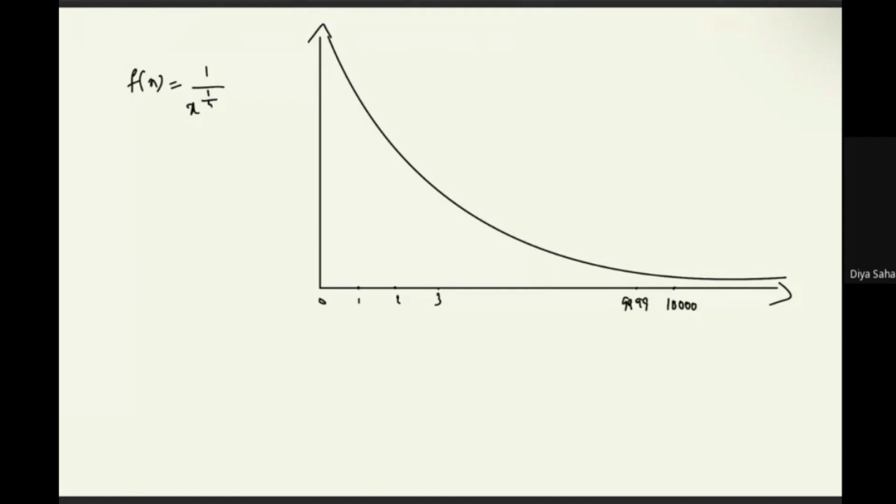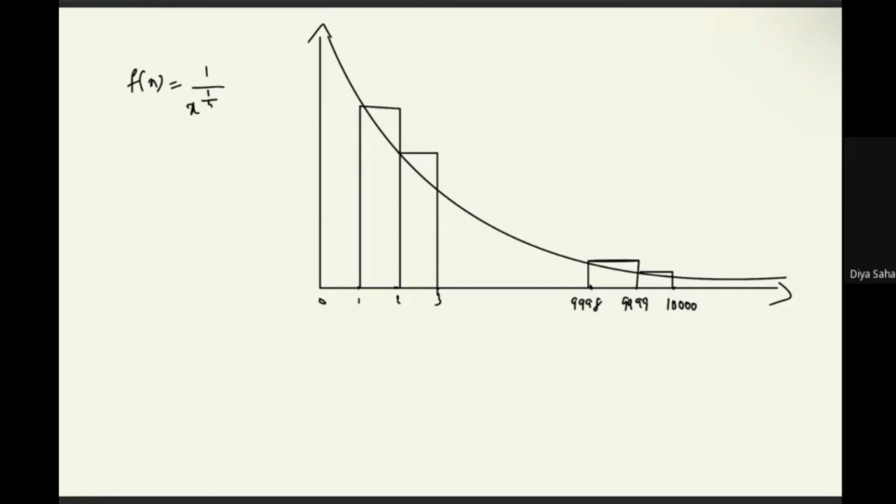Now we'll see. So f of 1. In between, I'm not drawing; I can't draw everything.